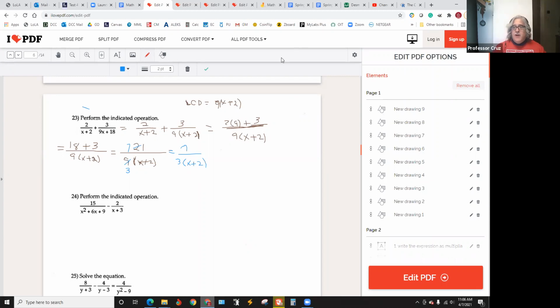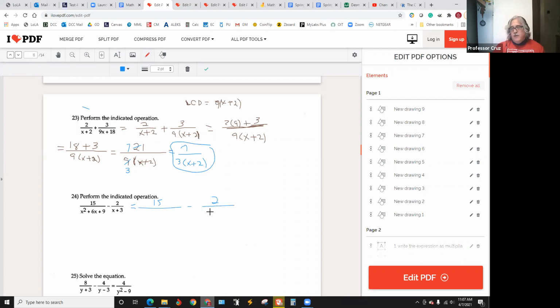All right, so now that's it. On this one, to know what the LCD is, we need to look at all the factors and make sure we've got all those factors in our LCD. Now, what I'm going to do again is use that as a hint.